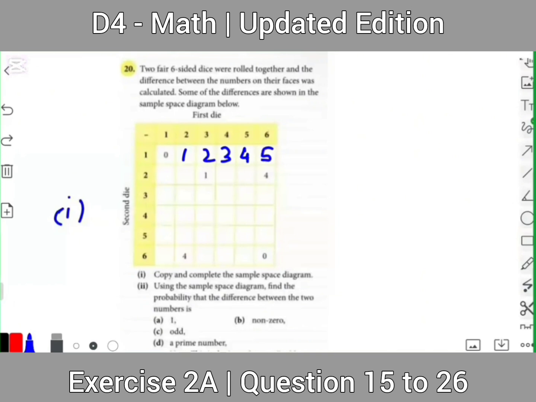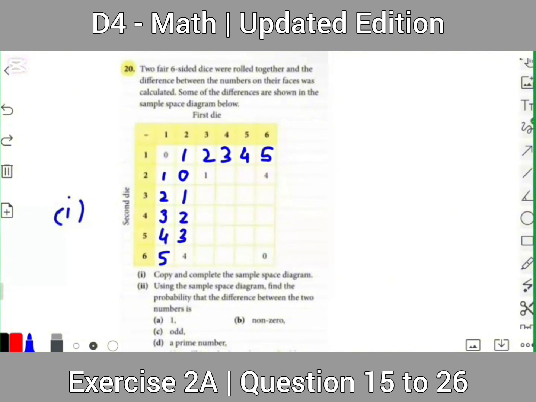Similarly, along the vertical axis, we have 1, 2, 3, 4, and 5. Now 2 minus 2 is 0, 3 minus 2 is 1, 4 minus 2 is 2, 5 minus 2 is 3.